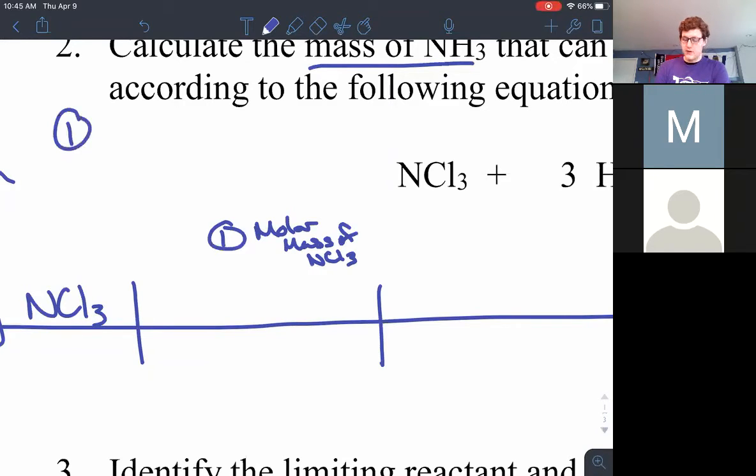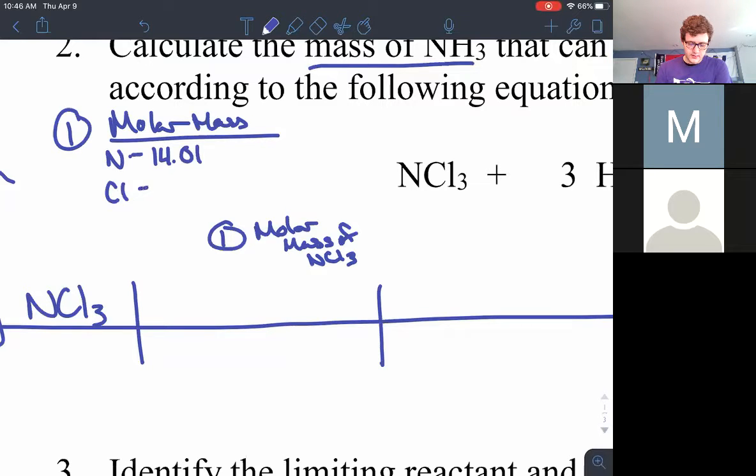49.46? You have 49.46? All right. So from our molar mass right there, okay. Did you find the molar mass of nitrogen? Nitrogen is 14.01. Perfect. Did you find the molar mass of chlorine? It's 35.45.